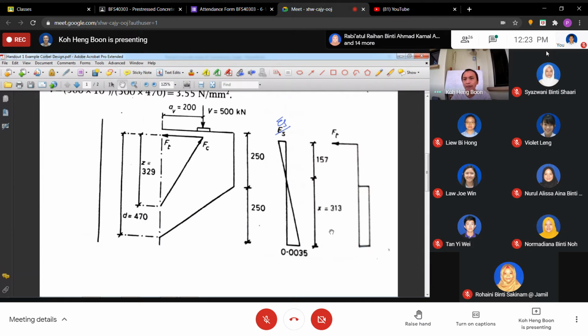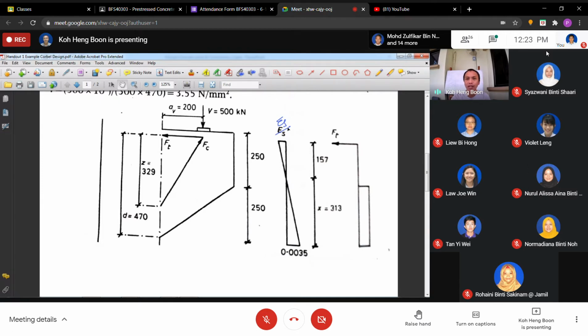And after you get the X, actually you get dy, the distance here. From here, we know the ultimate strain of the concrete is 0.0035. So to get the strain of the steel is proportion: 157 divided by the X here, multiplied by 0.0035.